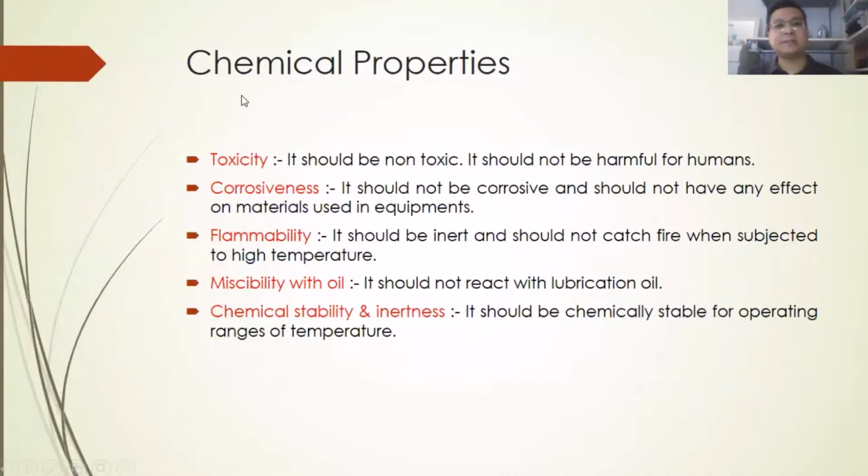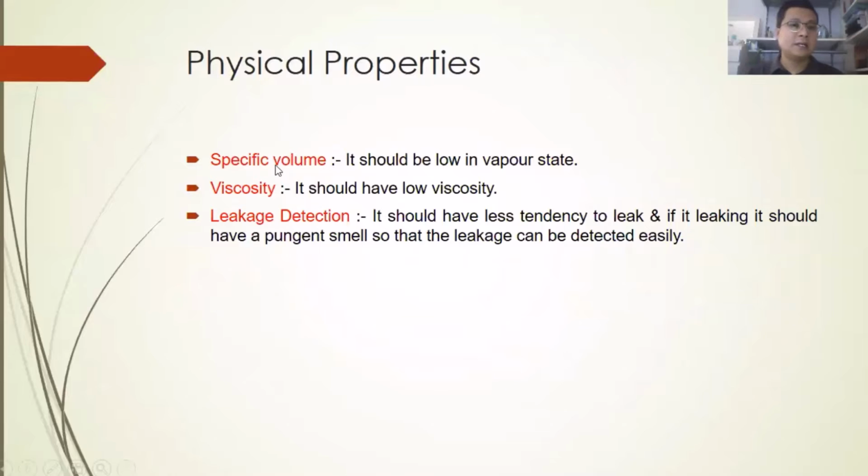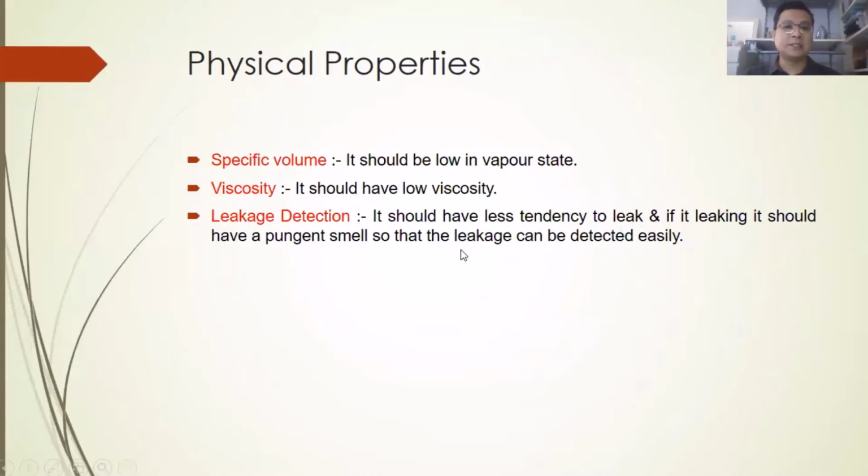And then for physical properties, only three parameters should be measured: specific volume should be low in the vapor state, viscosity should be low, and leakage detection. It should have less tendency to leak, and if it leaks, it should have a pungent smell so that the leakage can be detected easily. It should fulfill all these items.